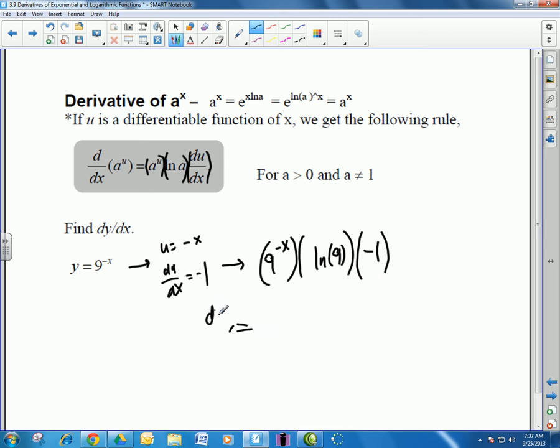And we can rewrite that as this negative 1 can come out front. This natural log of 9 is the same as the natural log of 3 squared, which means we can bring that 2 out front, and so it would be 2 times the natural log of 3.